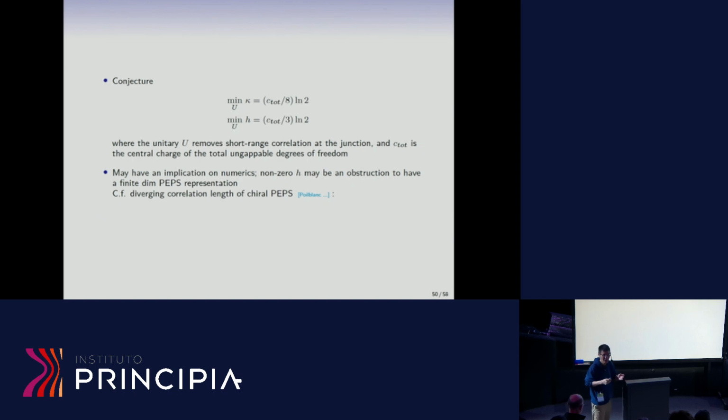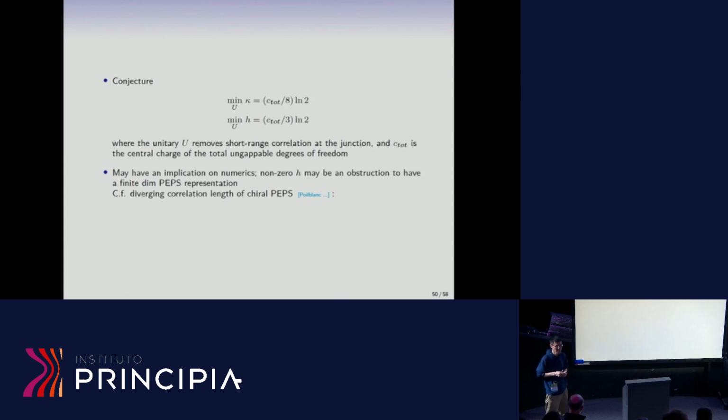Okay, so a topologically ordered state may or may not have a gapless edge state. A chiral state always has a gapless edge state, but for a non-chiral state, like the toric code, the edge state can be gapped. The chiral central charge is 0.